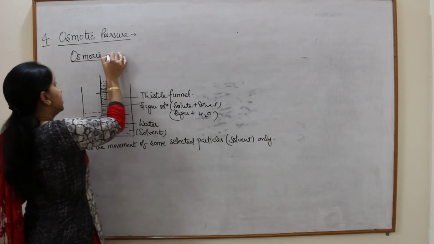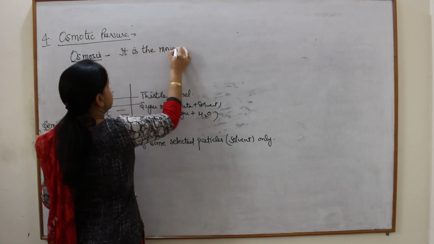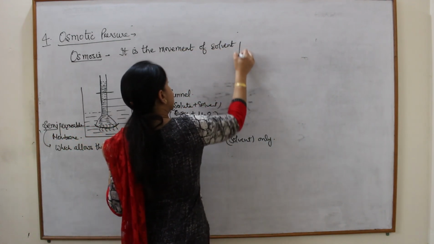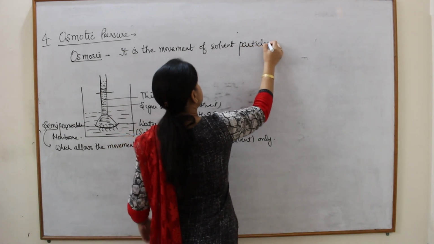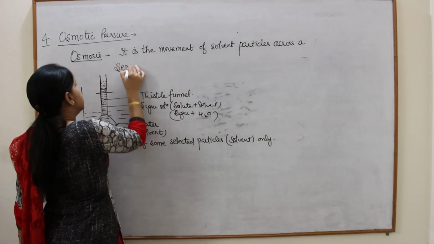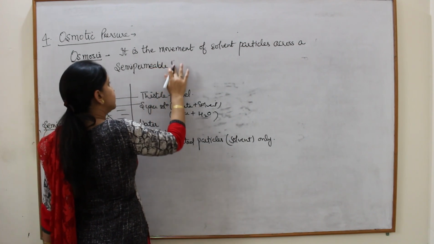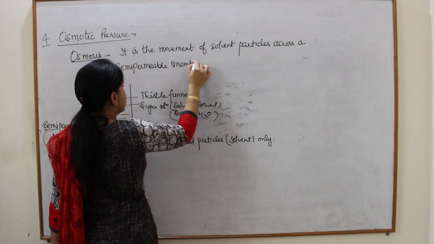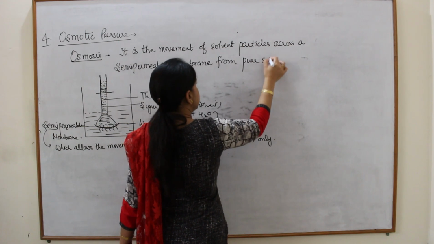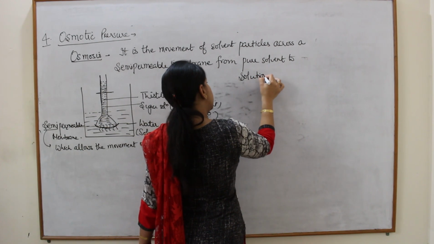So we can define osmosis as the movement of solvent particles across a semi-permeable membrane from pure solvent to solution.